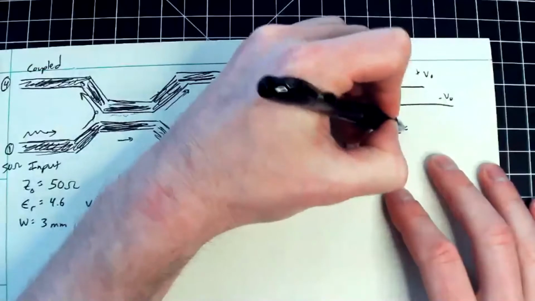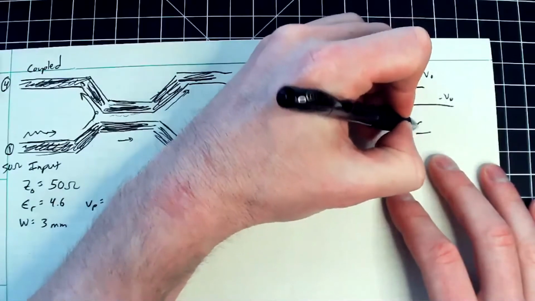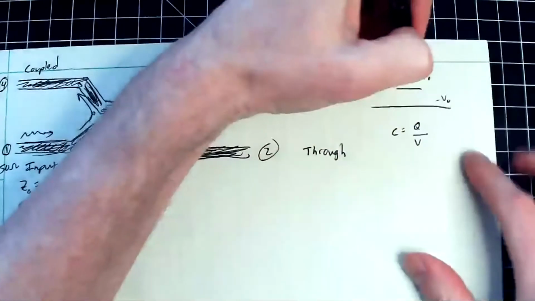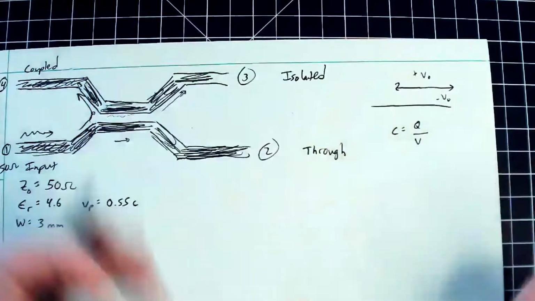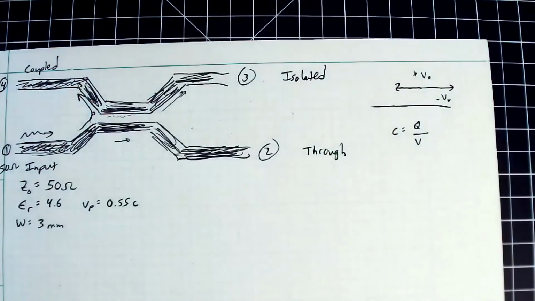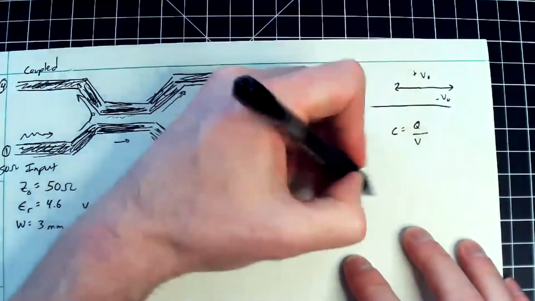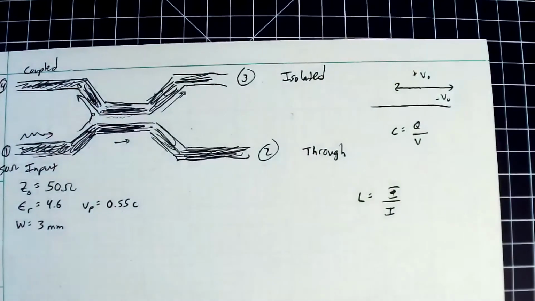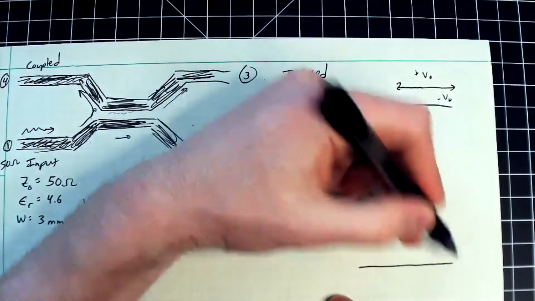Remember that capacitance is, what is it? It's Q over V, like that. So if I were to then fatten this thing, like by doubling its width, you would expect the capacitance to go up. So then the question is, what happens with the inductance? So inductance is flux divided by current. So does that make sense for inductance to go down?